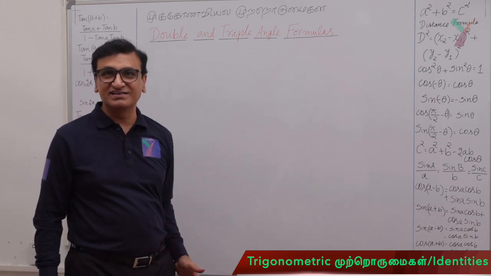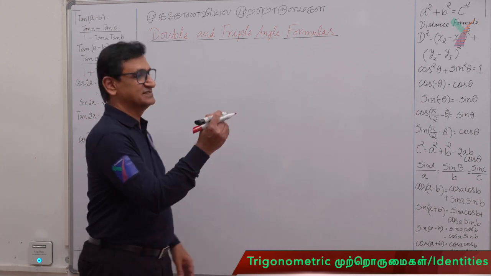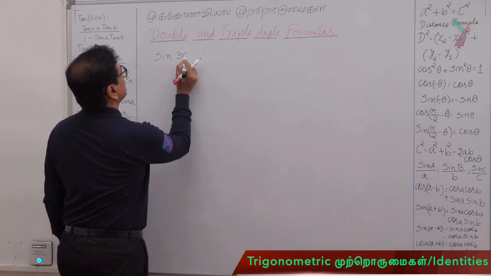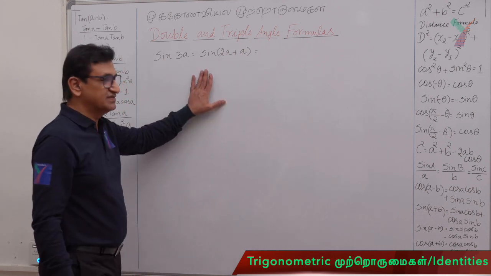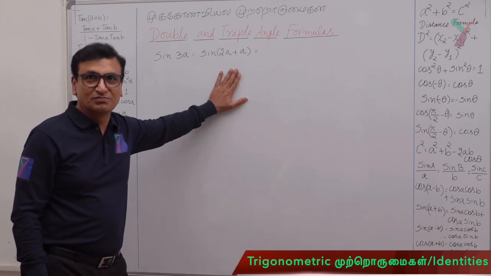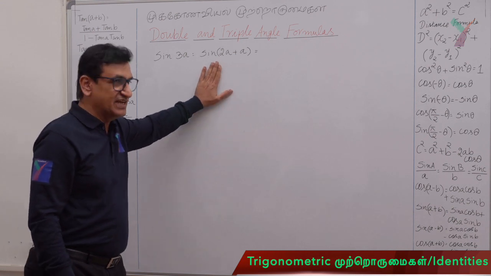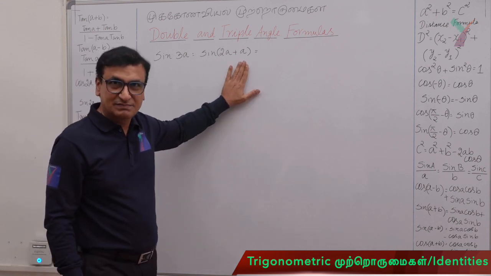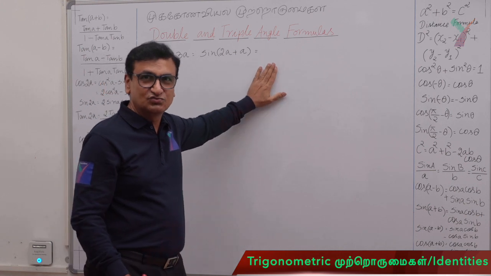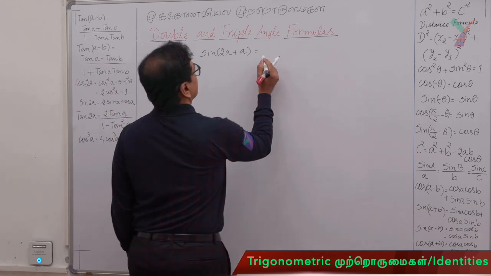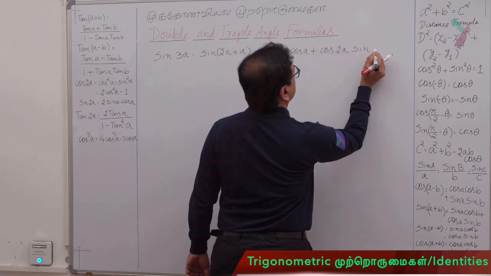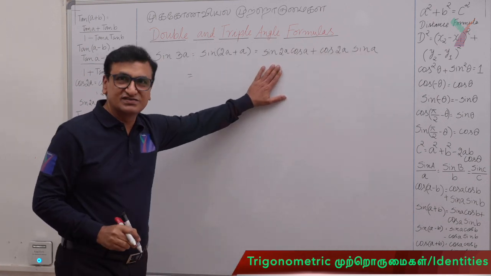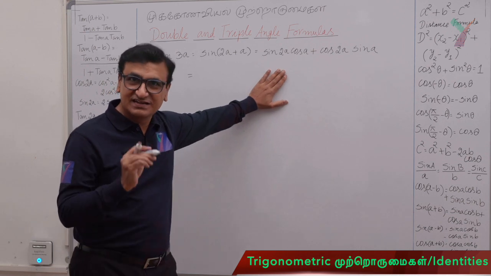So sin 3A is sin 2A plus A. So this is in the sin A plus B form. So this will be sin 2A cos A plus cos 2A sin A. Sin 2A, what is sin 2A? 2 sin A cos A, correct?